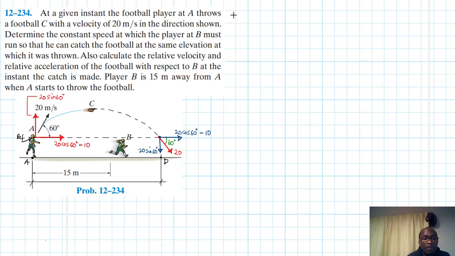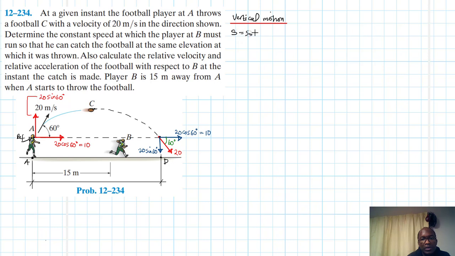So using the vertical motion. Why vertical motion? Because I have a lot of knowns already. I know the elevation is the same. My reference final elevation is 0 and the initial elevation is 0.